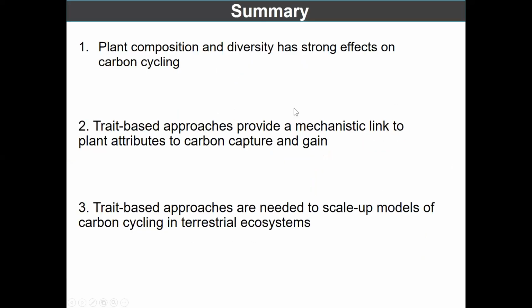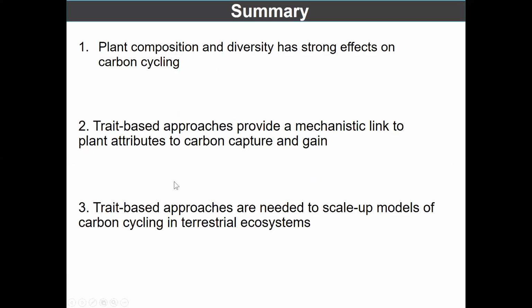Okay, so in summary, I showed you how we can study differences in plant composition and diversity to understand processes in carbon cycling. I also showed you how trait-based approaches provide a mechanistic link to plant attributes, not only to understand carbon capture and gain, but also to understand carbon losses via respiration.